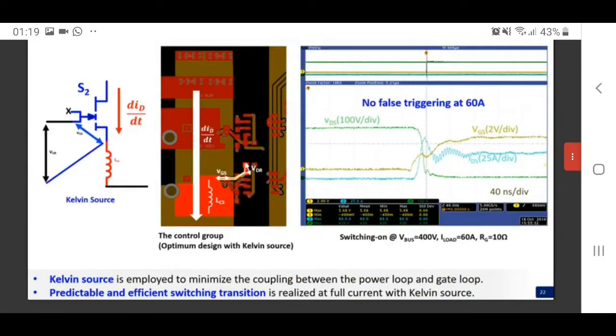And the solution can be really straightforward. If you look at the schematics and the layout, just use the Kelvin connection to bypass the common source inductance, as you can see in the picture on the right-hand side. So with the Kelvin connection, a predictable and efficient switching transition has been realized at full current.